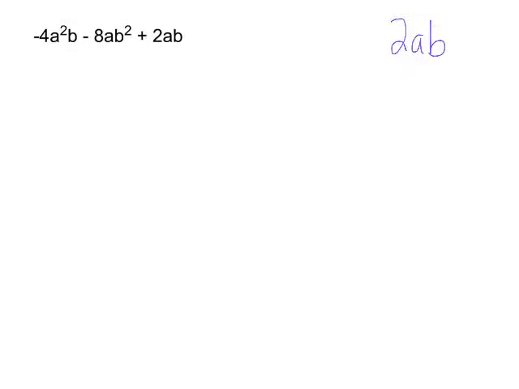So now I'm going to factor out a 2ab from all of my terms. So I'm going to get 2ab times negative a minus 4b plus 1.